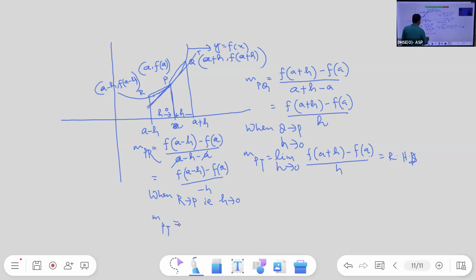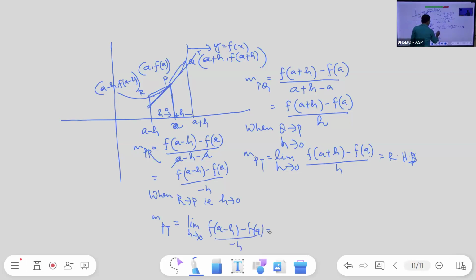This is equal to limit h tending to 0 of f of a minus h minus f of a upon minus h, which is your left hand derivative.